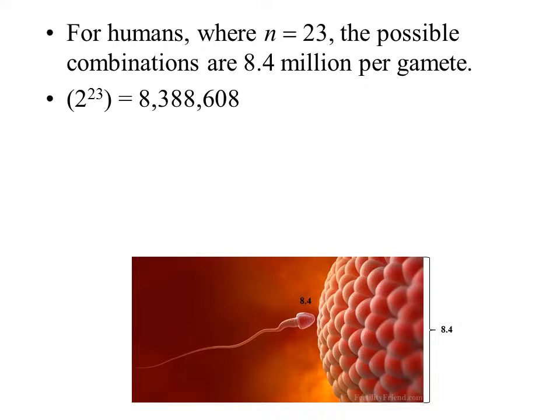One of those gametes created you, or one of those gametes came from your dad, and one of those gametes came from your mom. So therefore, there were 8.4 million different types of sperm that your dad produced, and 8.4 million different types of eggs that your mom produced.